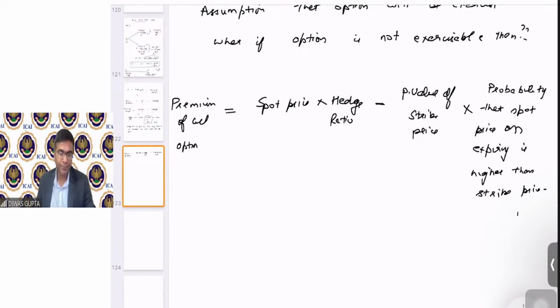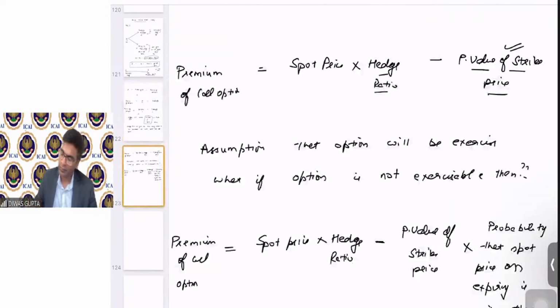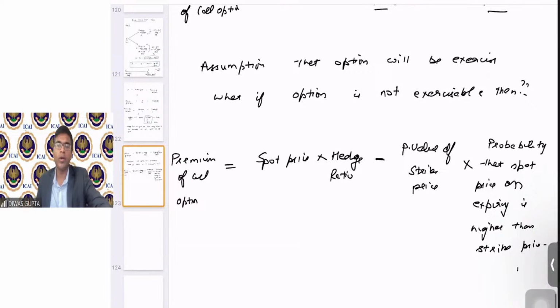Okay. If this probability happens, that the spot price on expiry is higher than the strike price, then the option will be exercised. All of you can note it down, students. I will take 1 minute.